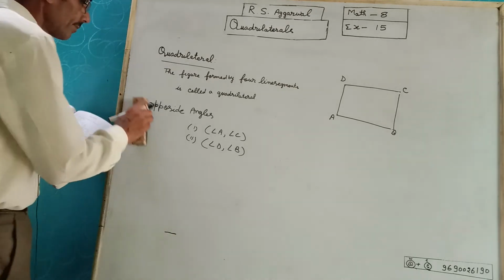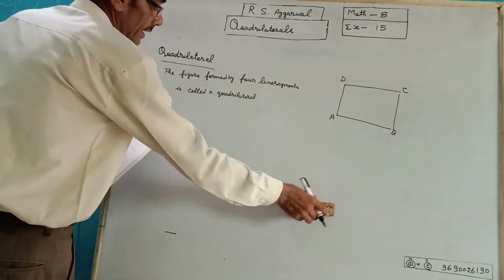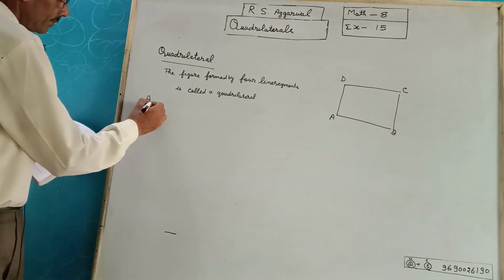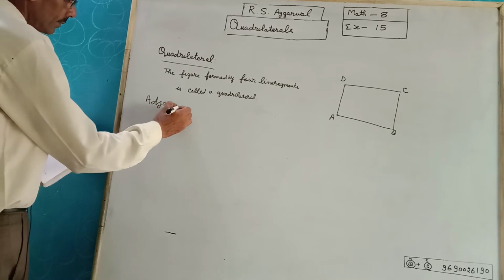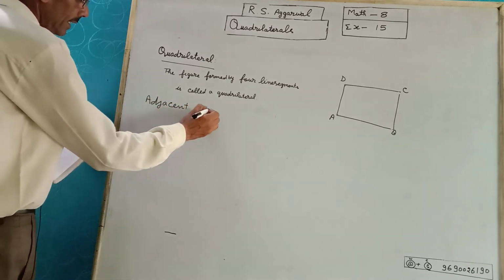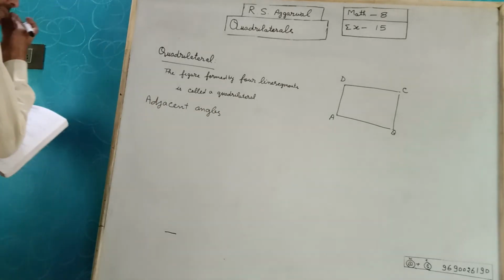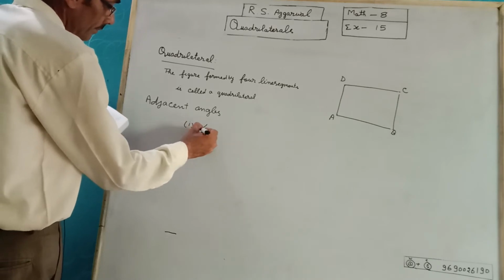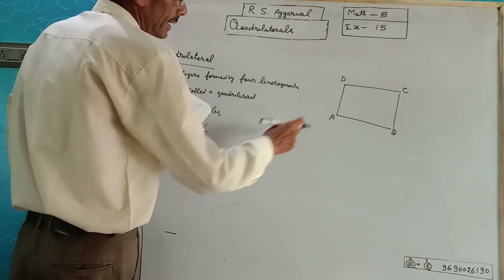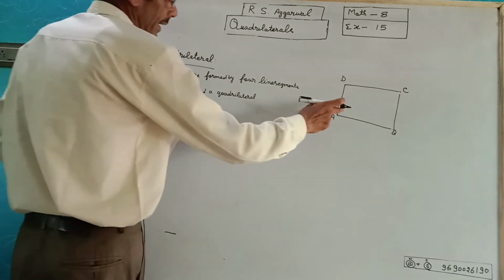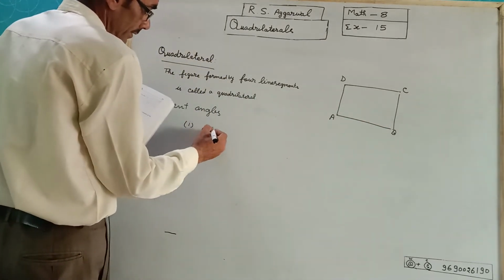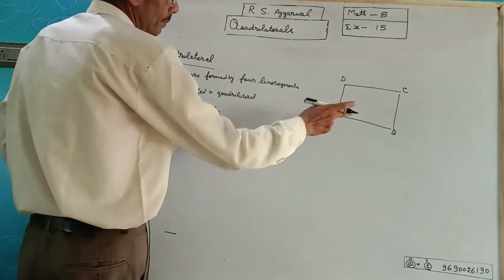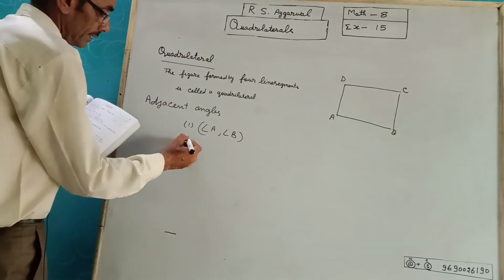Adjacent angles. Which are adjacent angles? First pair is angle A and angle B, called the first adjacent pair.